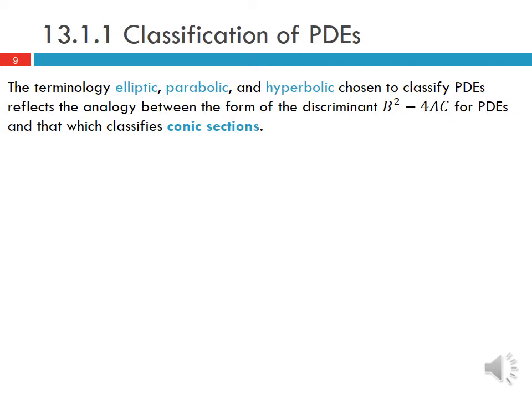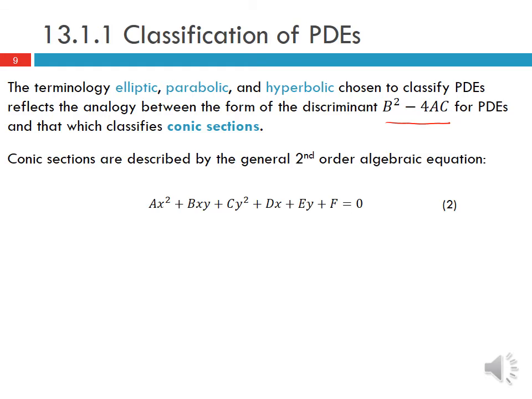This terminology, elliptic, parabolic, and hyperbolic, is chosen to classify PDEs because it reflects the analogy between the form of the discriminant, b squared minus 4ac for PDEs, and that which classifies conic sections. Conic sections are described by a general second-order algebraic equation, as shown here. Instead of the derivatives, we've just got variables, so this is an algebraic equation, not a differential equation.